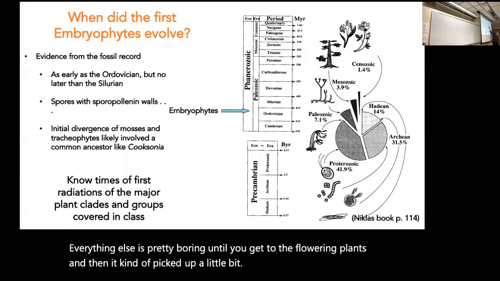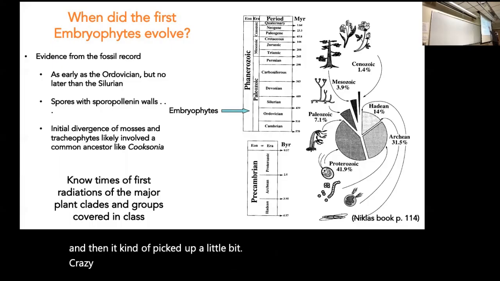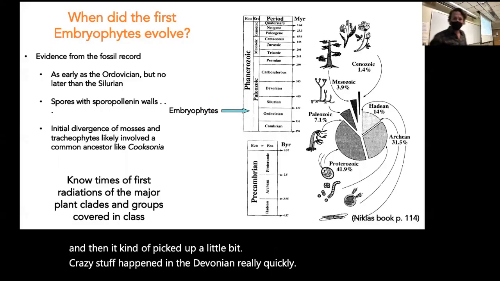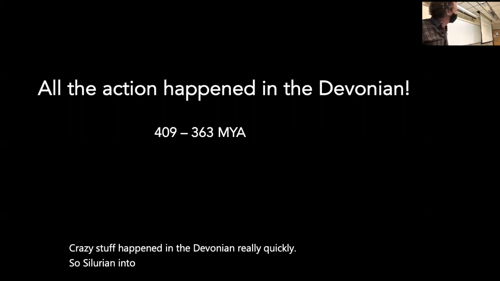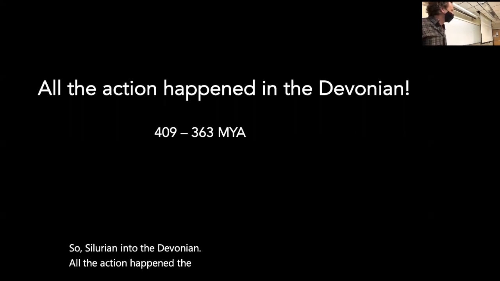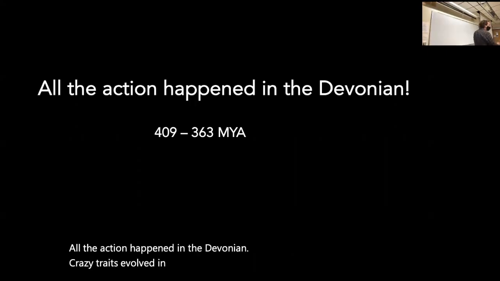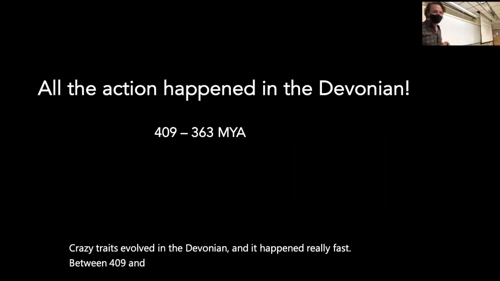But crazy stuff happened in the Devonian really quickly. Crazy traits evolved in the Devonian, and it happened really fast, between 409 and 363 million years ago.